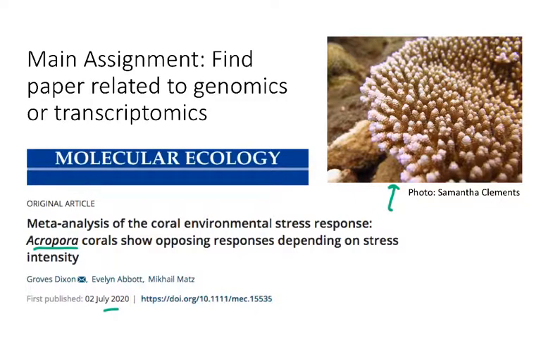That has implications for the ecosystem. Corals are these very important foundation species that provide habitat for tons of other animals on the reef. It's important for tourism, all that kinds of stuff. So this is a cool paper that was looking at what the gene expression level is across all the genes in these corals in response to stress.